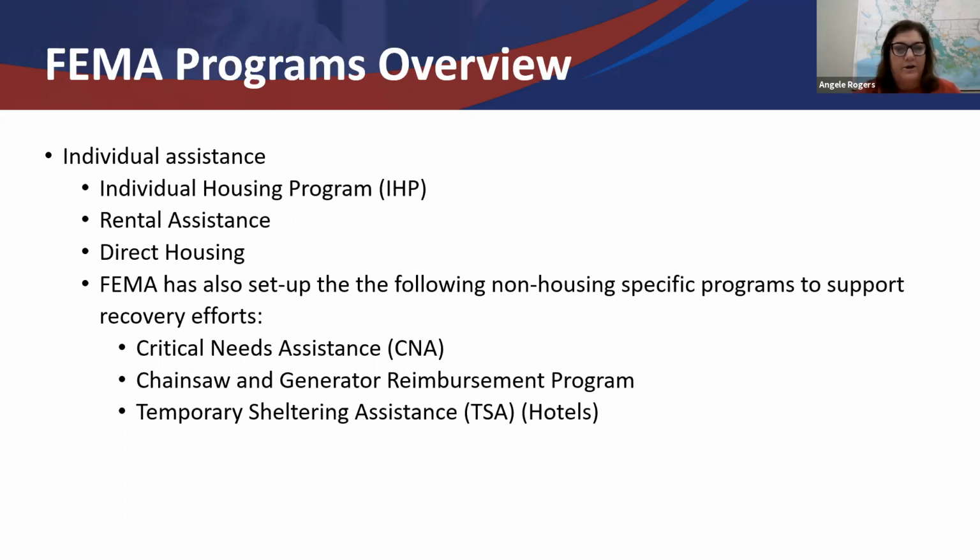So let's start off by talking about the individual and household programs, or the individual housing programs that we have in place. We help out with repairing someone's home. An inspector will come to the house and determine the amount of damages. The difference between FEMA and insurance is that we look at it through the lens of how can we make this house safe and habitable.